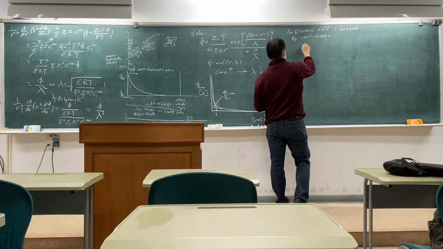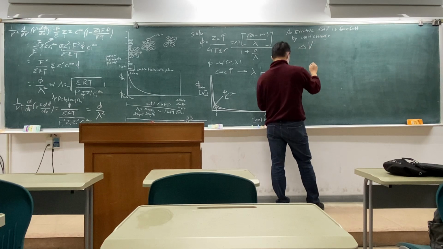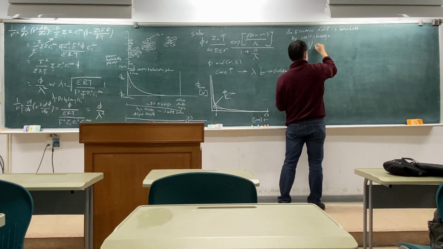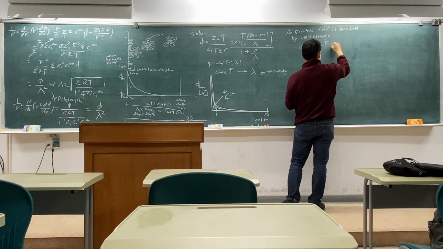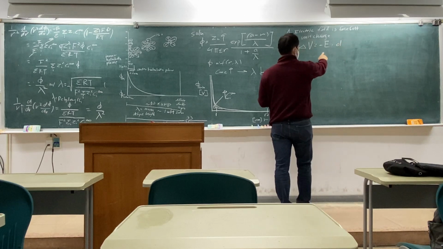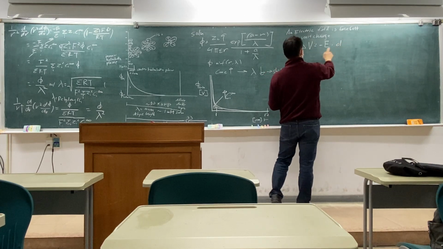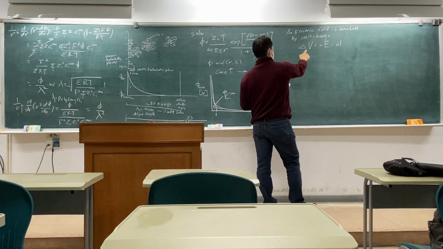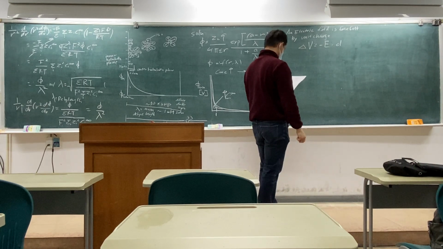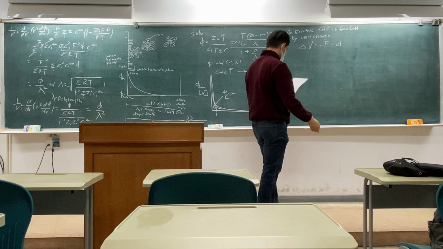So delta V is equal to E times D. E is the electric field, D is the distance, and delta V is the voltage.